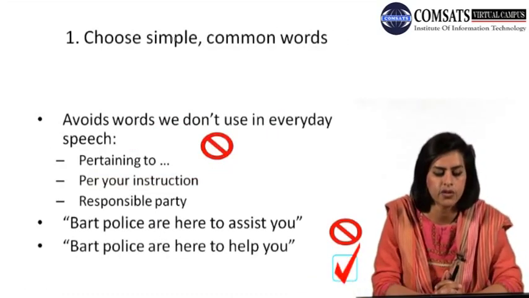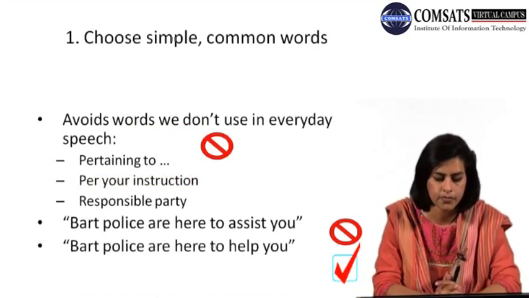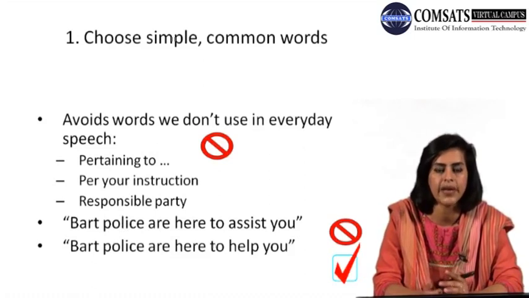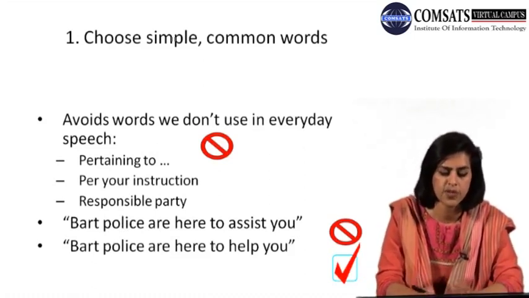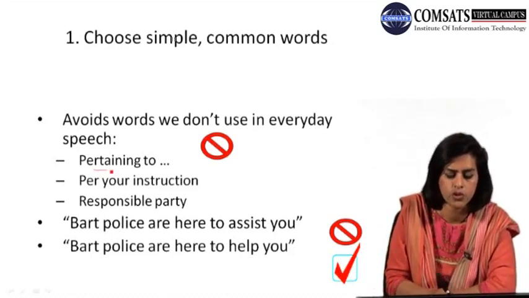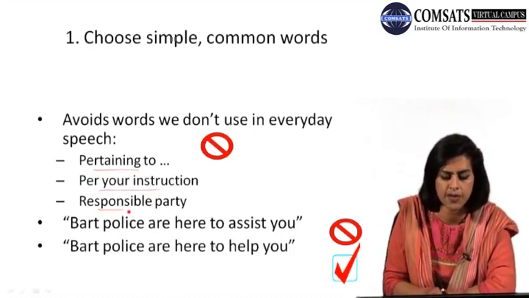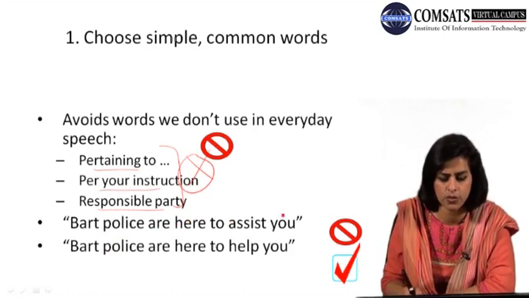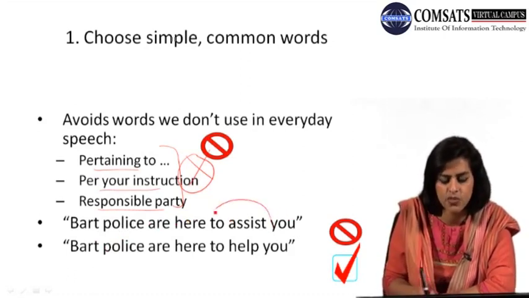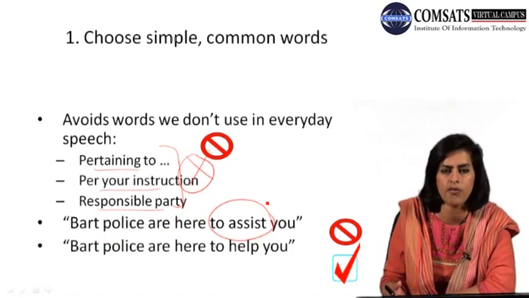The first thing we are going to discuss is choosing simple and common words. For example, avoid words we don't use in everyday speech. Plain English avoids the words that you don't use in everyday speech. For example, pertaining to, per your instruction, or responsible party are not things you use every day. Or take "police are here to assist you." The word assist is not used every day by everyone.